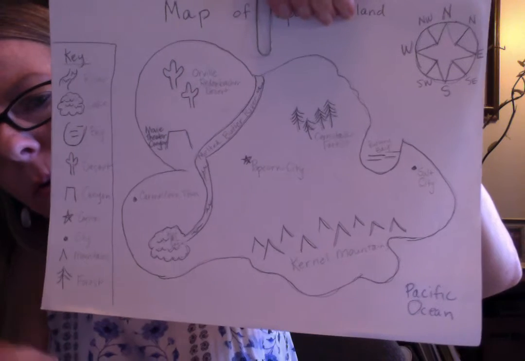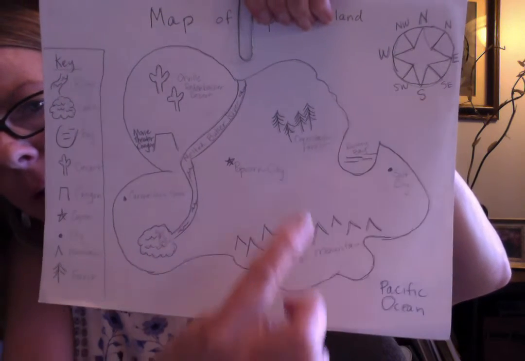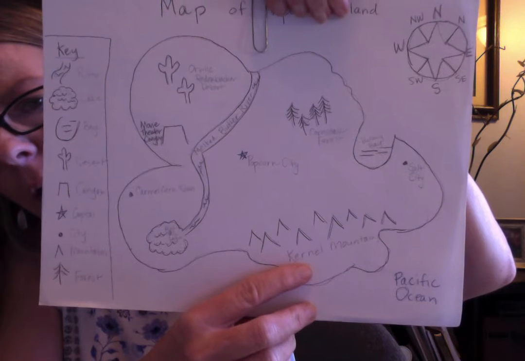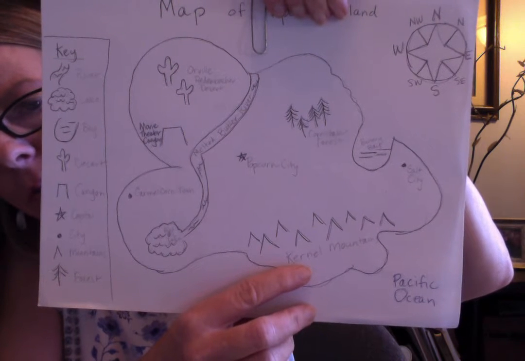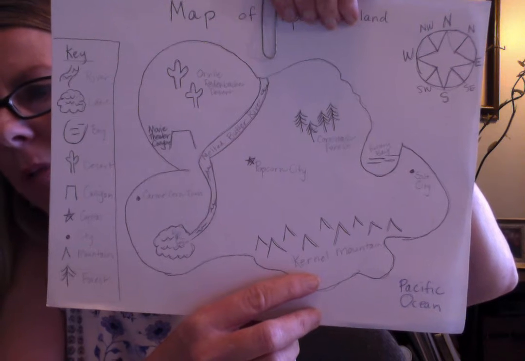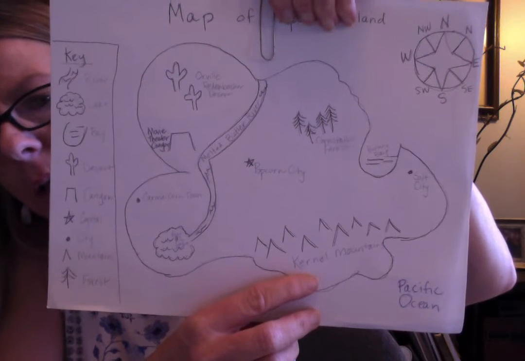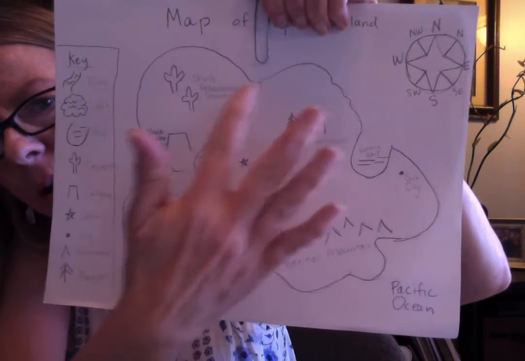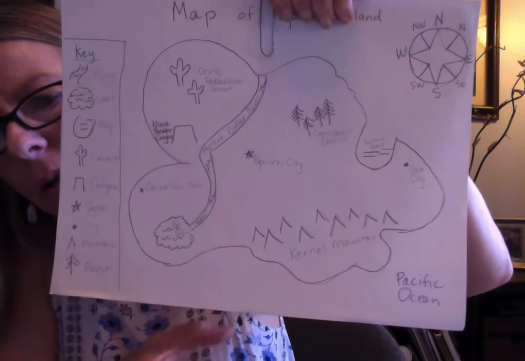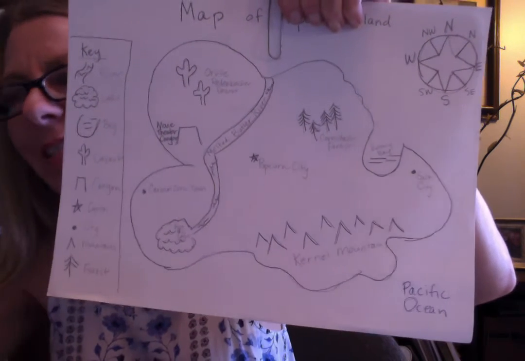If I was comparing these two, I could say Colonel Mountains are blank of Cornstalk Forest. Colonel Mountains are blank of Cornstalk Forest. Where are they in relationship to Cornstalk Forest? Well, the Colonel Mountains are south, right?